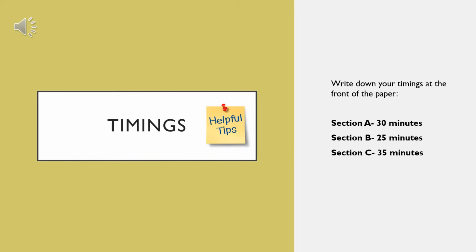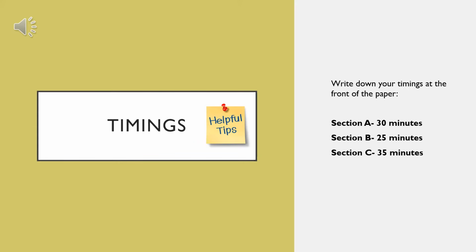Okay, so my first tip is all about timing. A lot of previous students have found this tip really helpful because there is a lot to do within this paper in the time that you have. Within the paper, it will give you these timings.